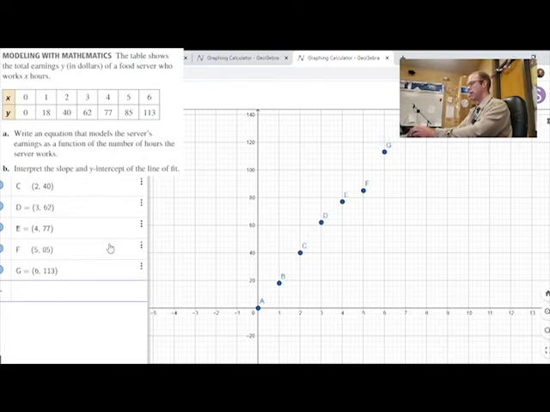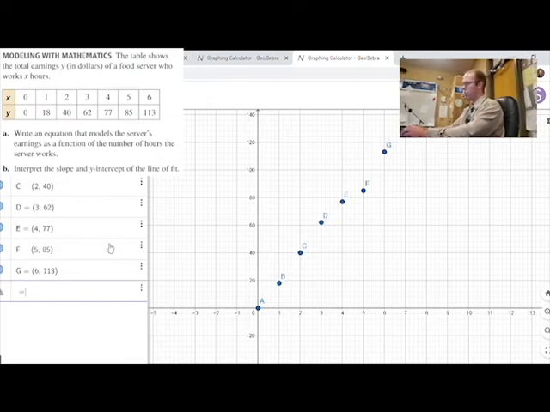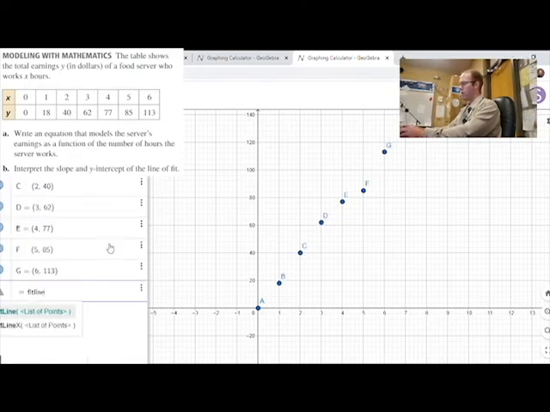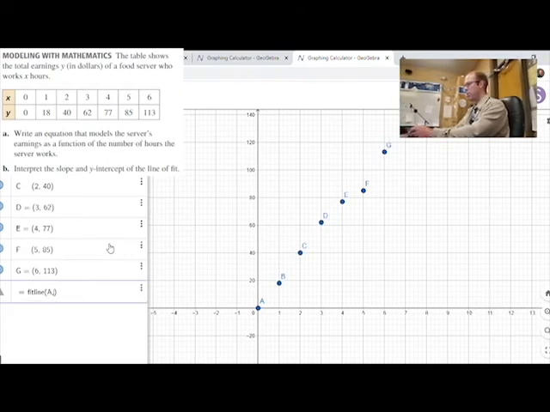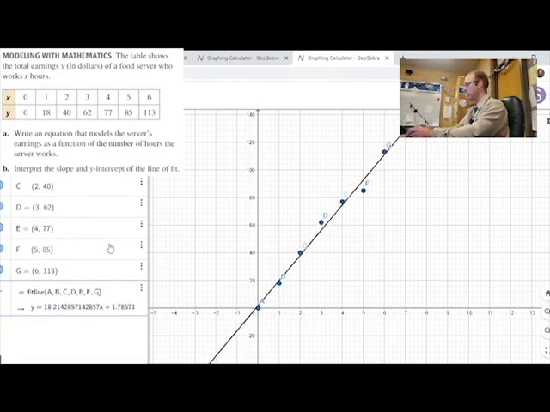So we're going to do that by having Geogebra execute a command. This one is called fit line, and it draws a line of best fit. So down here in the input box, I'm going to type equals fit line, and then I'm going to list my points, which are A through G. So A, comma, B, C, D, E, F, G. And you can see that it's drawn a line that goes up and to the right with a positive slope as we expected.